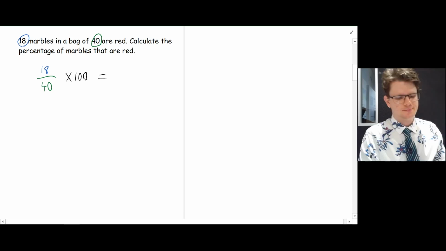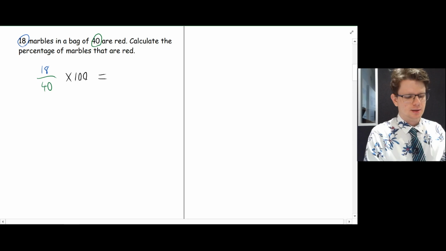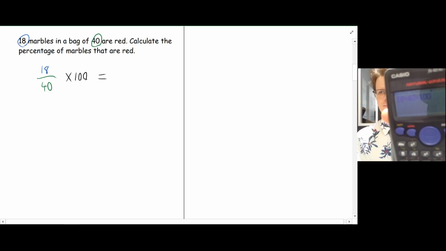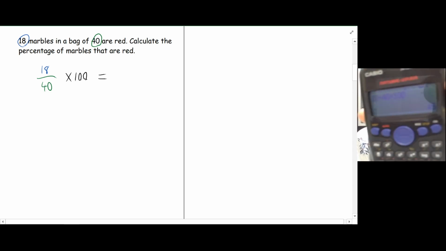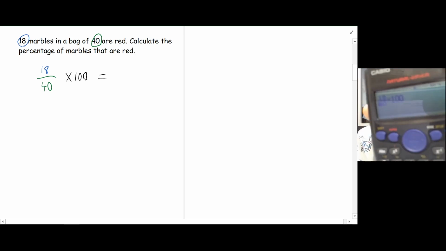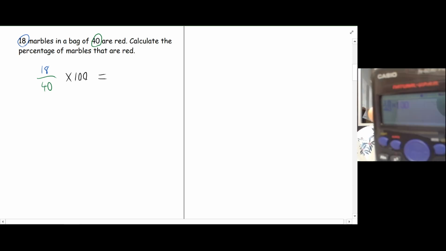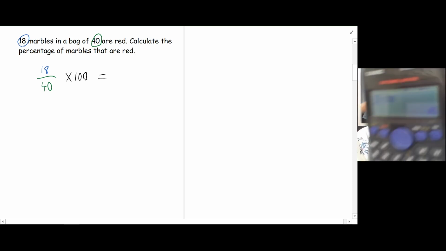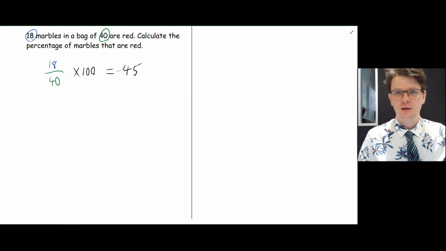Now let's find out what that is. 18 over 40 times 100 should get 45. Sorry, I didn't make that look like a fraction. Now, 45, but what were we looking for? We weren't looking for the number of marbles. We know how many marbles were red, 18. So we're looking for the percentage, and that's our final answer.